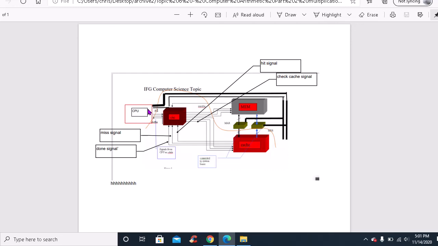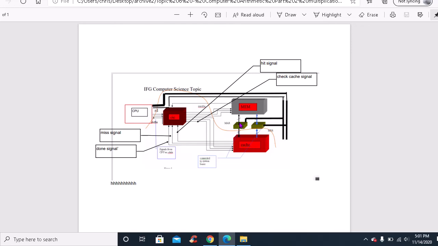The CPU is just starting up. It wants to read, say, the first instruction or the first item of data that it needs. It puts an address in the address register, and at the same time that it's asking main memory to do a read, it sends a check signal to the cache. Do you know anything about this particular address?